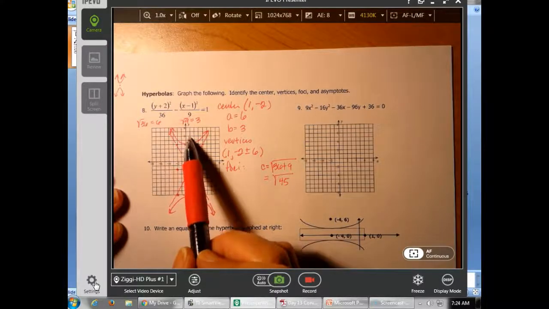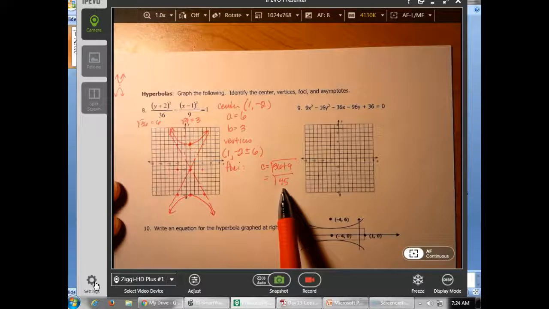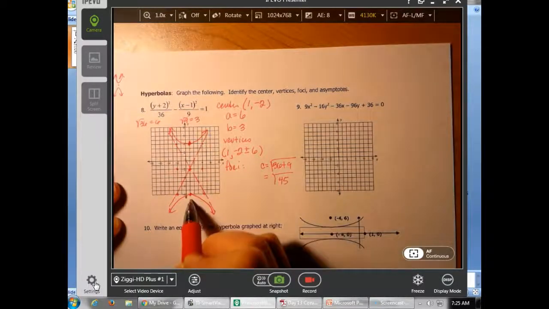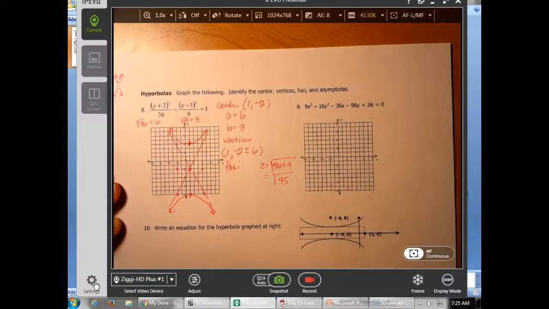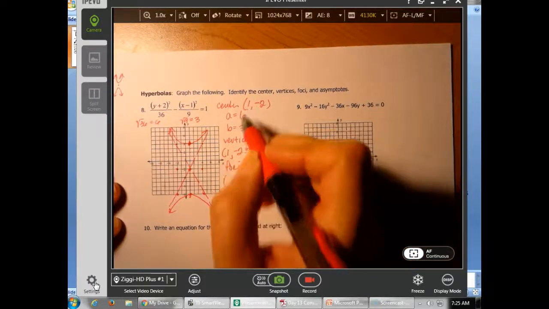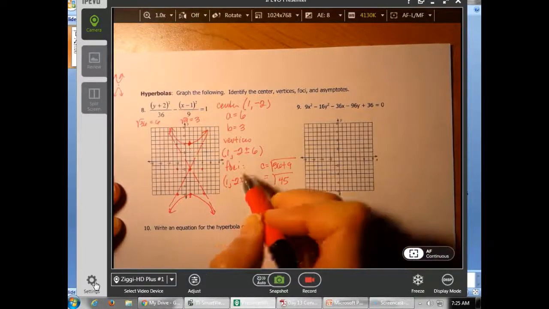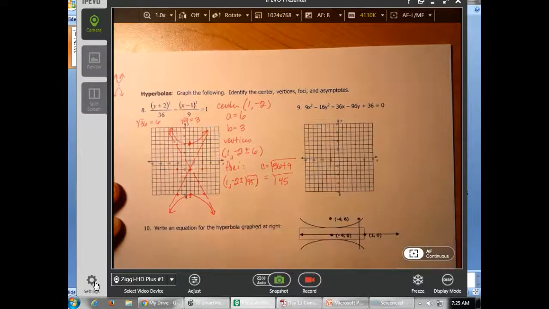I've got to go a little bit further. Well, the square root of 45 is just barely inside that. It's between the square root of 36 and the square root of 49, so it's going to be a little bit closer to 7. So I'm going to be really close, like right there and right there. But it doesn't really matter. I know I'm just going to say 1, -2 plus and minus the square root of 45. And you can leave it just like that.